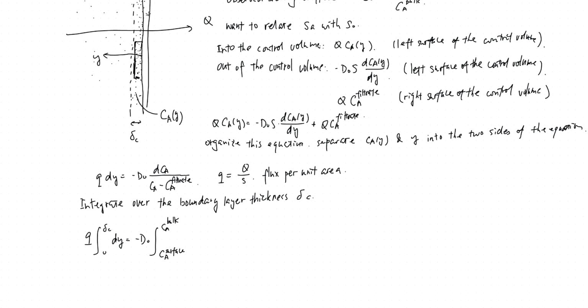Then you have dCa over Ca minus Ca filtrate, and just integrate it.